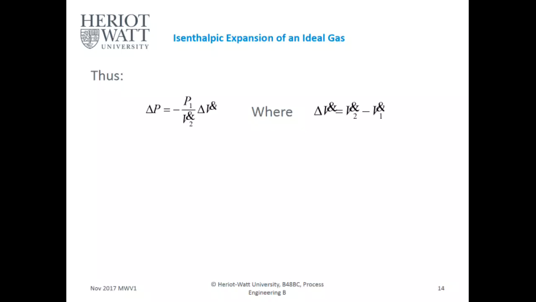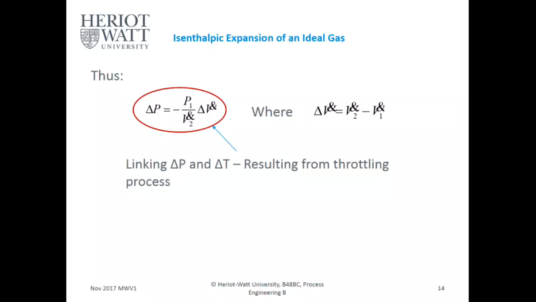Hence, the change in pressure equals negative P1 over V2 multiplied by the change in volume, where the change in volume is V2 minus V1. This expression links change in pressure and the change in volume resulting from the throttling process.